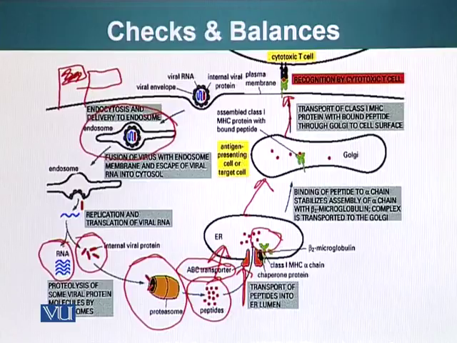These red flags basically are MHC1 molecules that are being displayed on the surface of the cell, and our cytotoxic T cells are running around reading the surface of the cells. Wherever they see a red flag on the surface of the cell, they will destroy it. The cell will be destroyed.